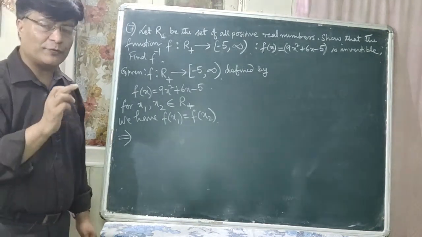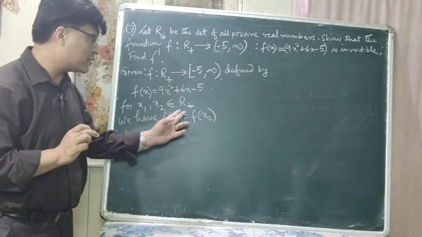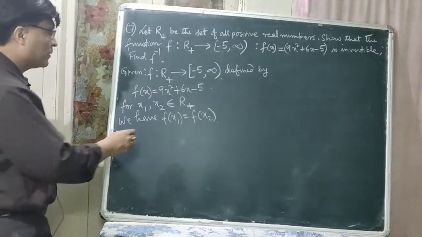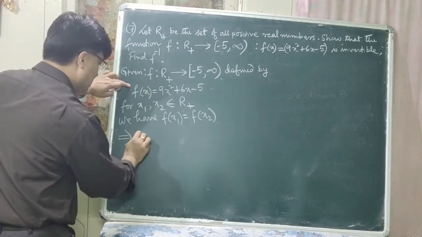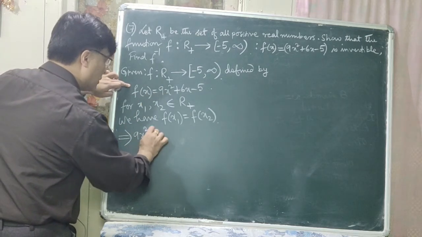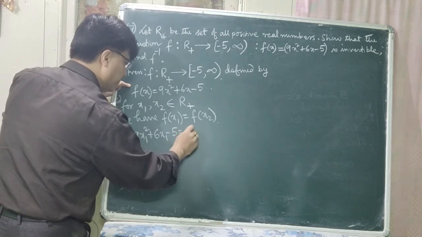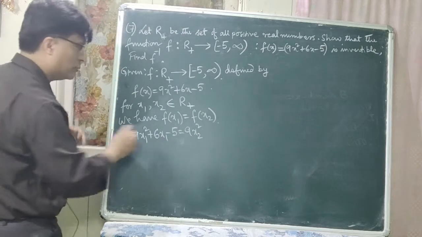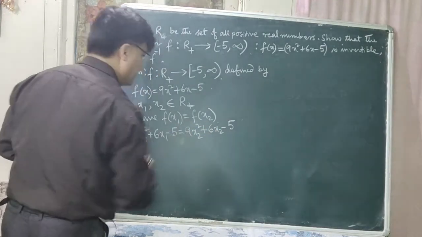In order to prove f is a 1 1 function, you have to prove that if f of x1 is equal to f of x2, then x1 is equal to x2. Okay. So what is f of x1? Instead of x, you put x1. So it is 9x1 square plus 6x1 minus 5 is equal to 9x2 square plus 6x2 minus 5.